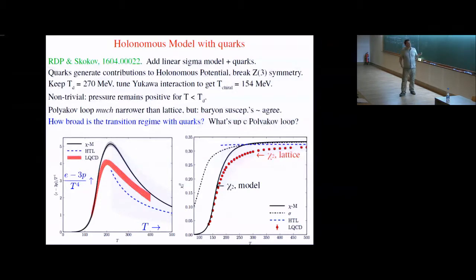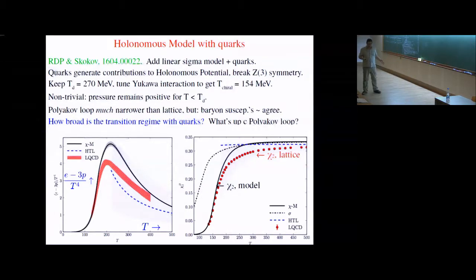In the gluon part of the potential, we kept the deconfining transition the same at 270 MeV, and then tuned the Yukawa interaction of the quarks to the sigma fields to get the correct temperature for the chiral transition of about 150 MeV. And one thing that is a very non-trivial test is the potential for the pure glue was adjusted to get things right above the deconfining temperature of 270, but we didn't really worry about what happens below.